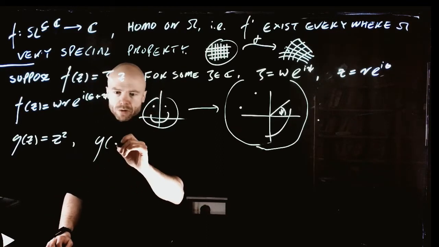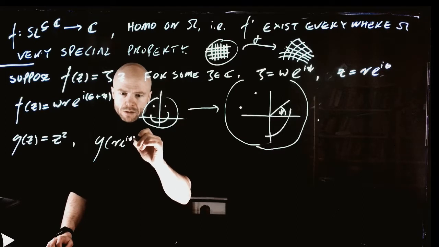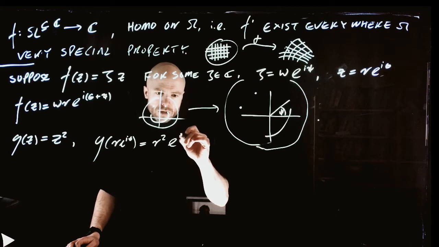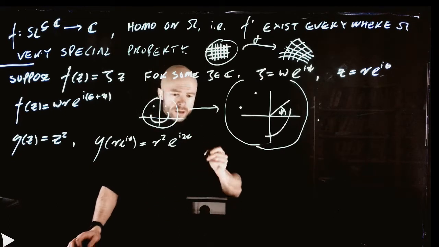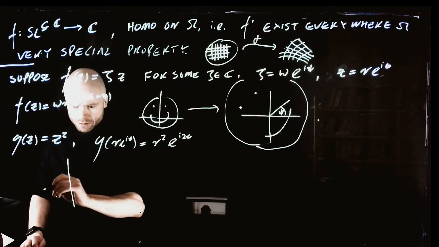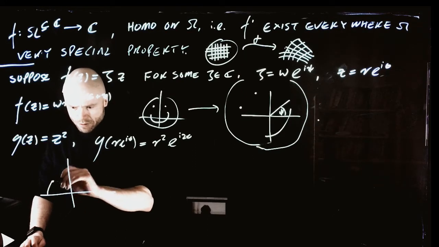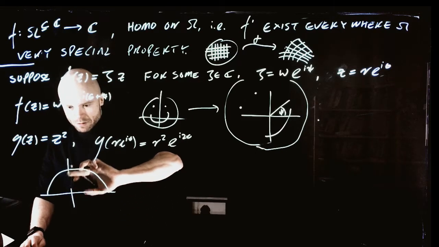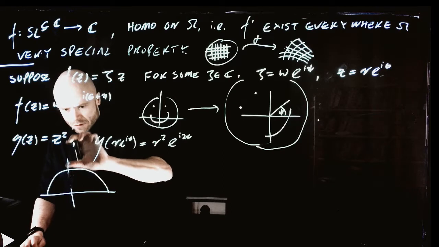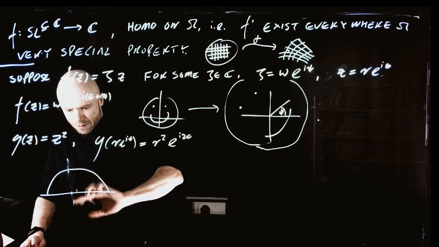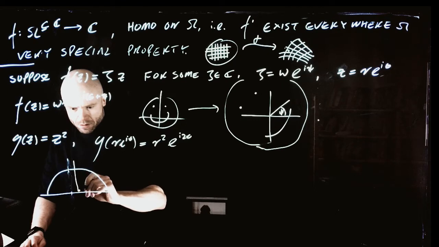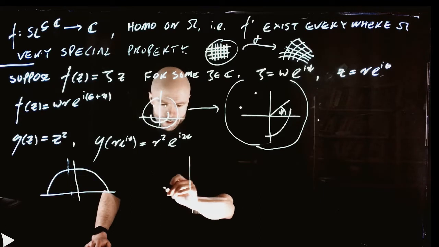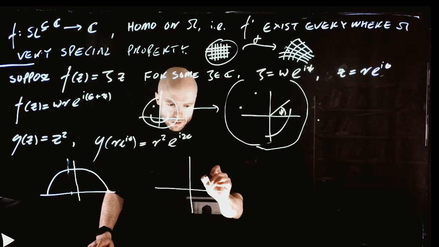Well, we're going to write this in polar form, so we have r e to the i theta. It sends it to r squared e to the i times 2 theta. So let's see what it does to a half circle. If we have a half circle like this, this half circle is going to get wrapped around like this.